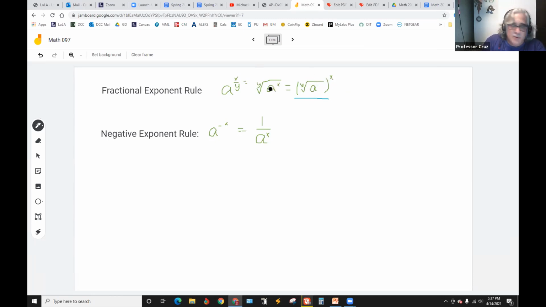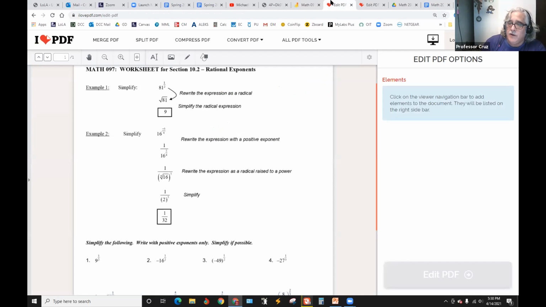There's one case where this might work, and it'll be towards the end. And just remember the same rule we've had before, that a negative exponent means take the reciprocal. All right, so let's go back over here.